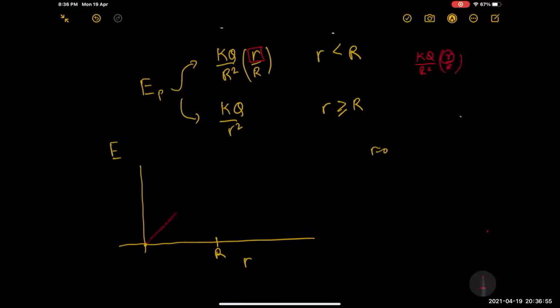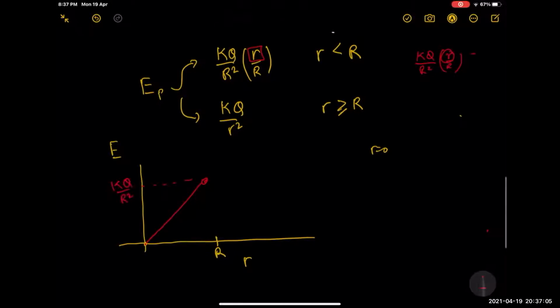At r equal to 0, E is 0, and the y value will become K capital Q by R square, because if you put r equal to R here, it becomes KQ by capital R square. And after this, it is inversely proportional, so it goes like this, 1 by r square. Understood?